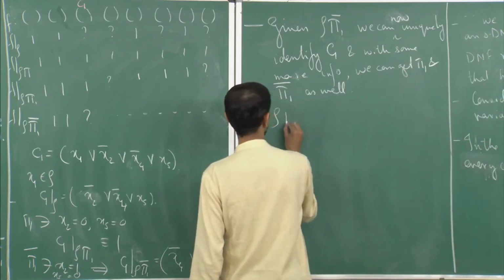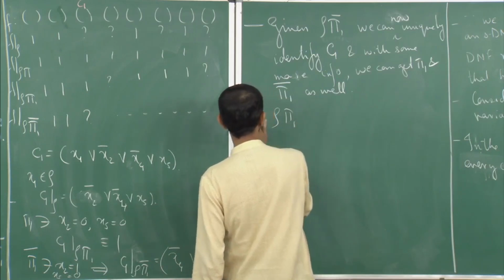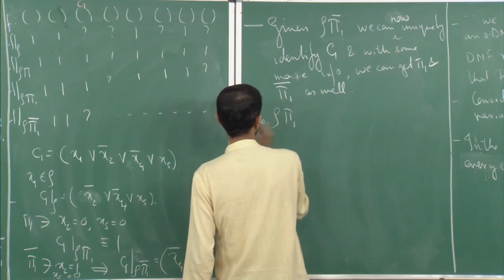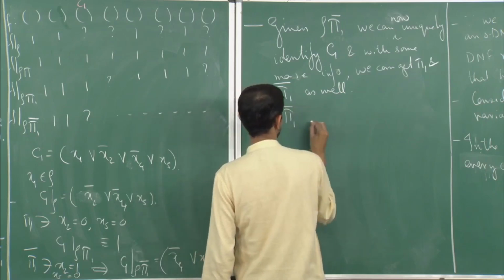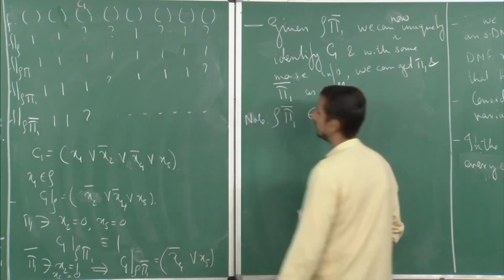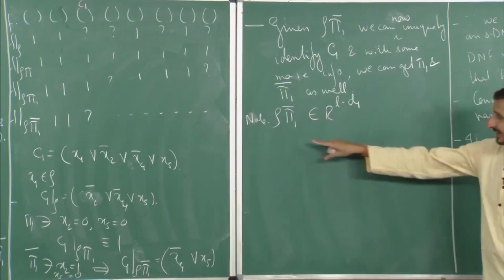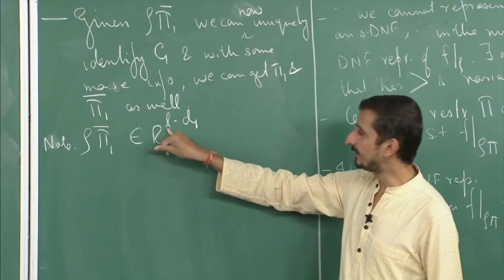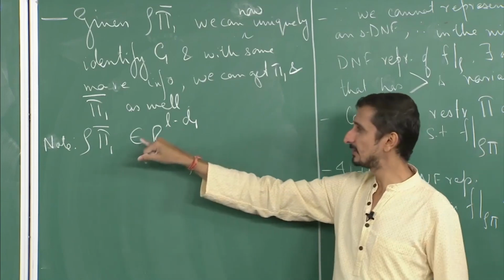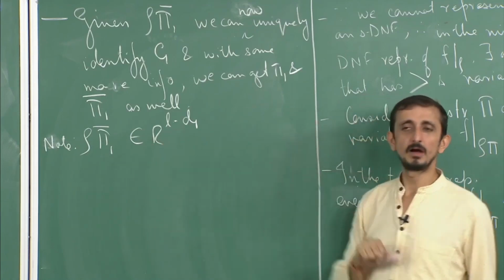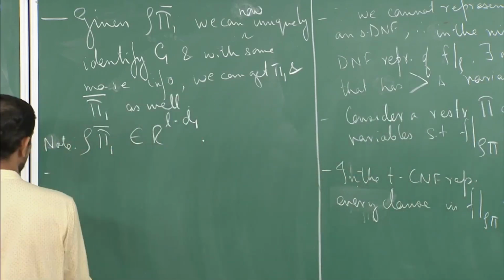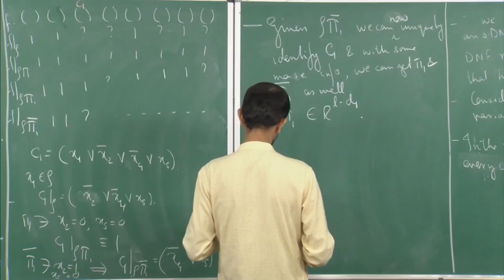So, note rho pi 1 bar belongs to R L minus D1. In rho basically L variables were unfixed, now I have fixed another extra D1 variables. So, rho pi 1 bar belongs to R L minus D1. Okay.